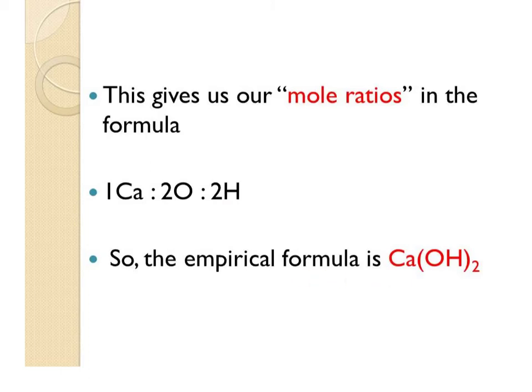So our empirical formula will be calcium, and there's only 1. Remember, we don't write 1s in chemistry. There are 2 oxygens and 2 hydrogens. It's just easier to write it like this with the parentheses because it looks a little neater and cleaner than writing O2H2. This just looks better.